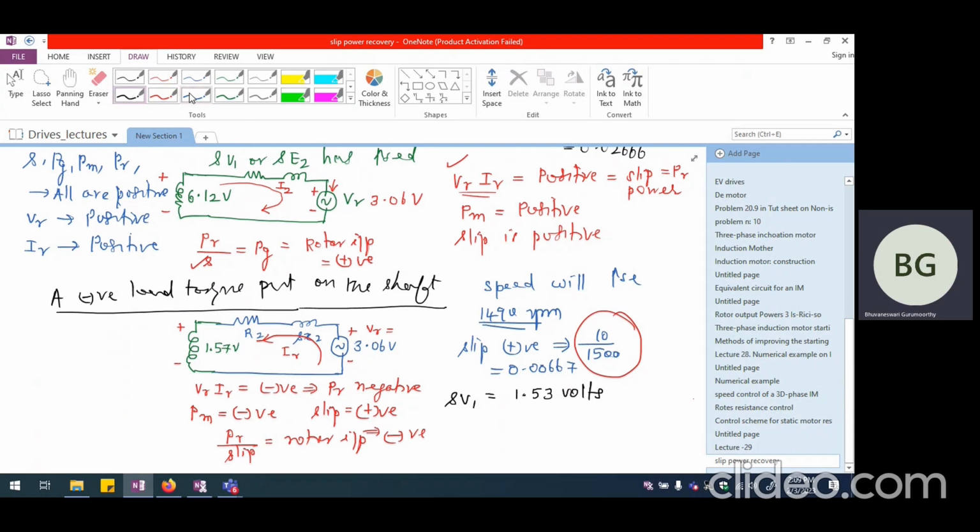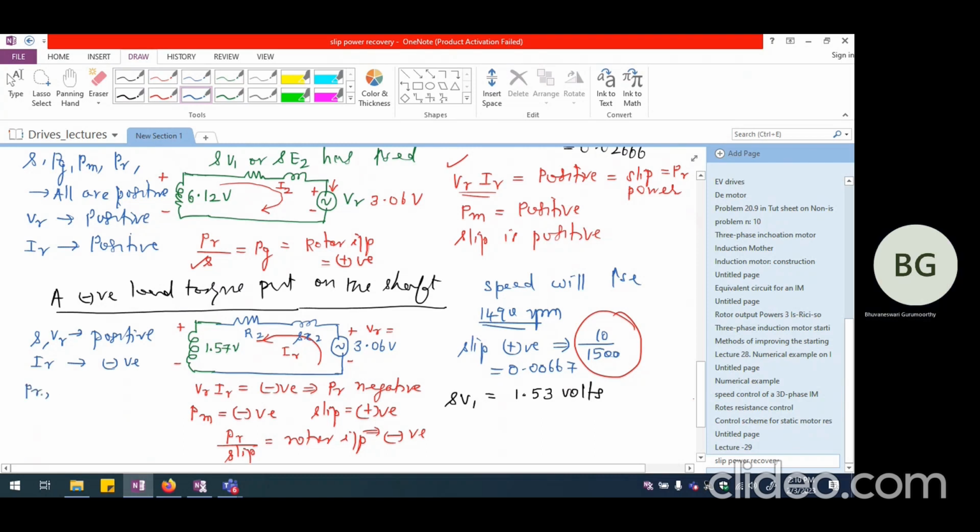So to summarize, slip is positive, VR is positive, but we are going to have IR as negative. So we are also going to have PR, then PG and PM, all of these going to be negative.